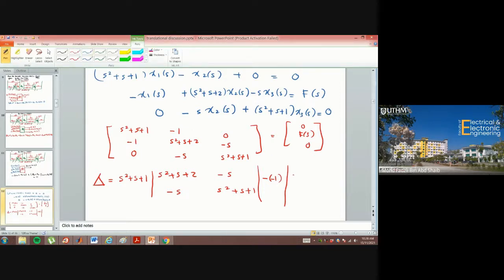And this one, we copy this one and this one. Minus s square plus s plus 1.